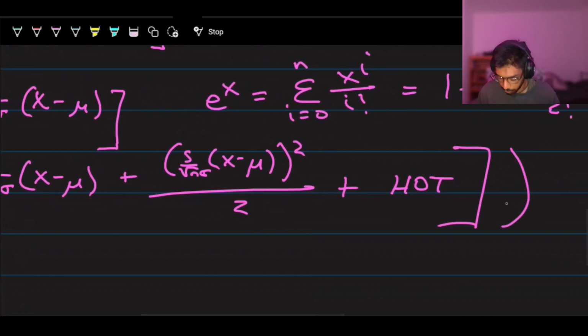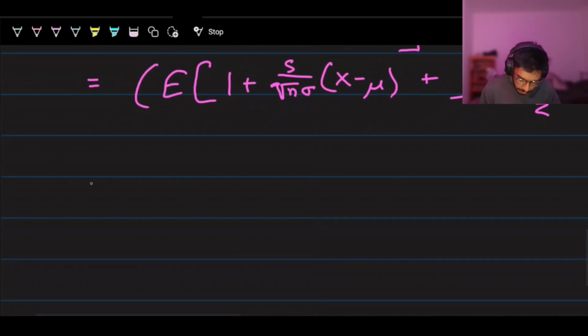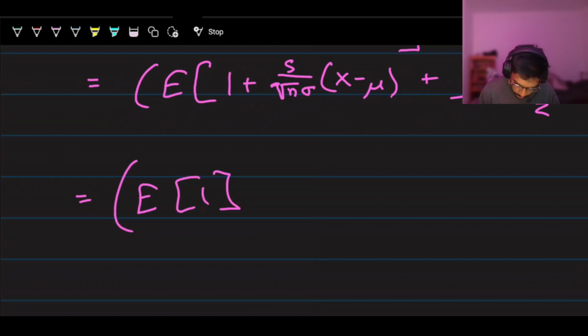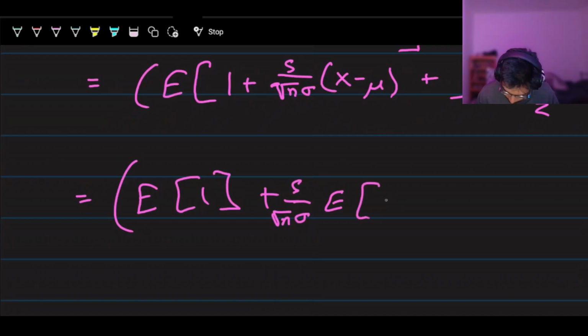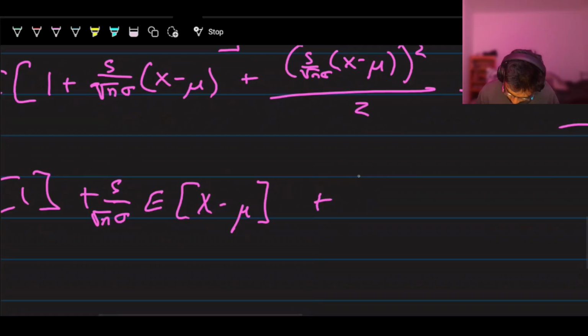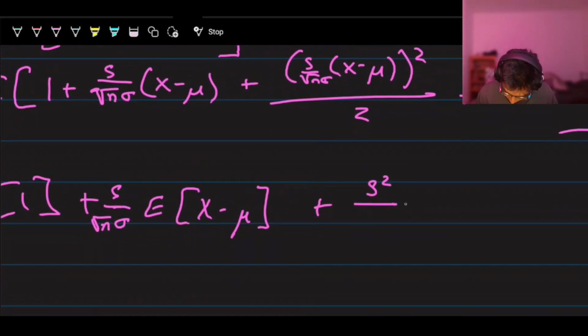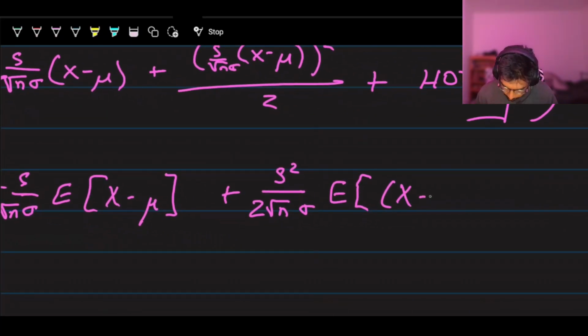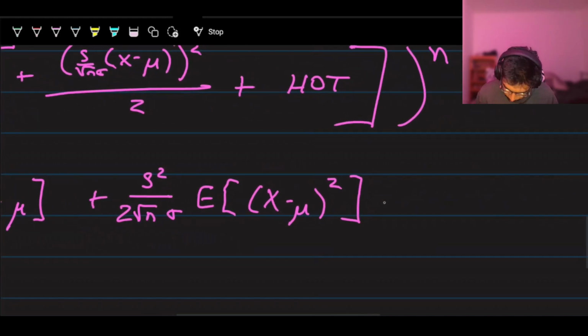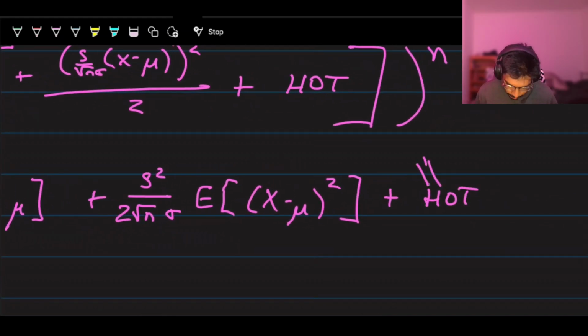And we have this expectation, and then we raise it to the nth power. Now let's bring the expectation inside: expectation of 1, plus s over root n sigma times the expectation of x minus mu, plus s squared over 2 root n sigma times the expectation of x minus mu squared, plus the expectations of the higher order terms, which might go away, and then all to the nth power.